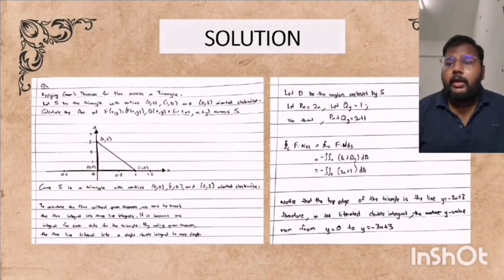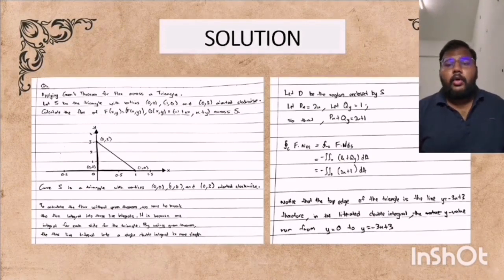First, let D be the region enclosed by S. Let P_x equal 2x and let Q_y equal 1. So let P_x plus Q_y equal 2x plus 1. This is the formula for Green's theorem. After we convert from P_x plus Q_y to Green's theorem, we get negative double integral of 2x plus 1.